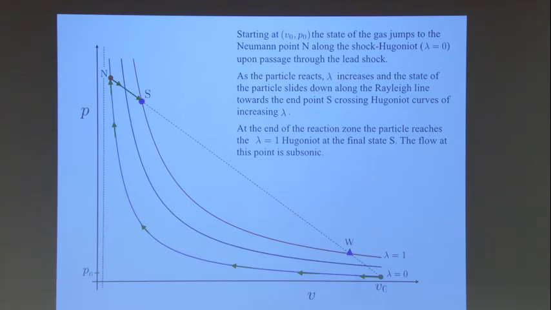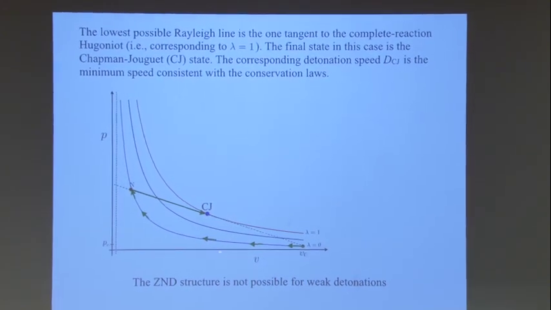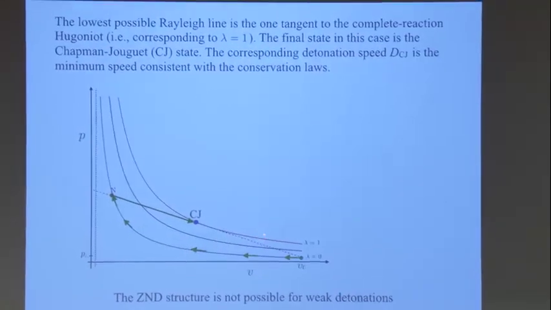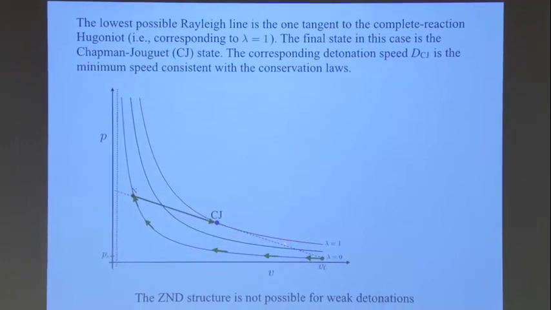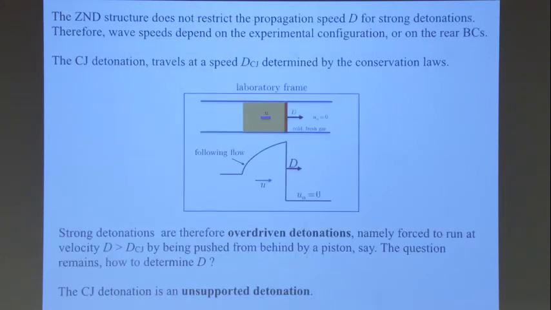And I think in the next slide I've shown how you can also reach the Chapman-Jouguet point, but clearly you cannot reach a point here as a weak detonation. So this structure, the ZND structure, is not possible for weak detonation. Okay, so this is essentially the ZND structure.